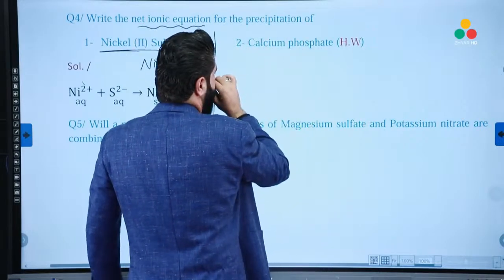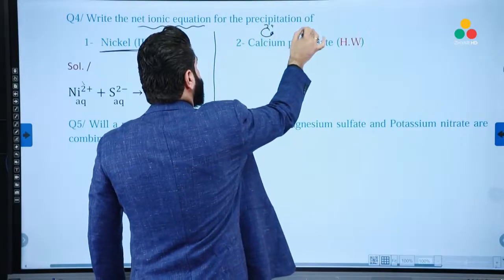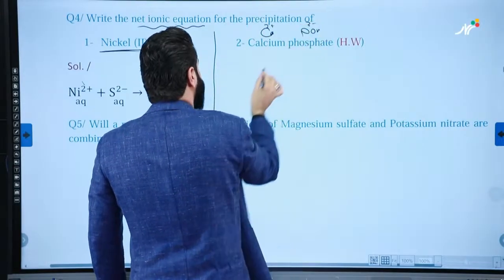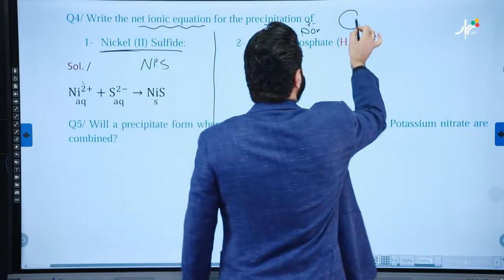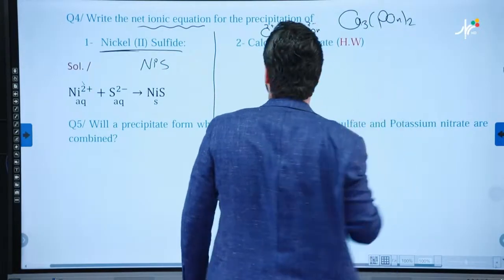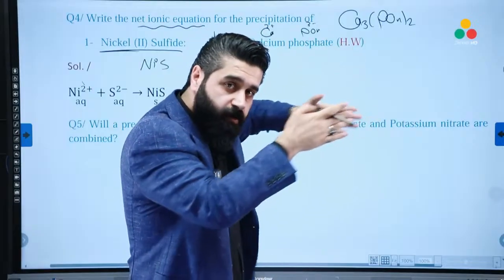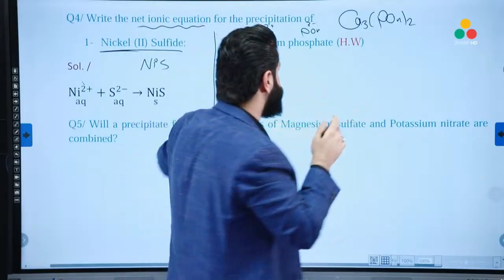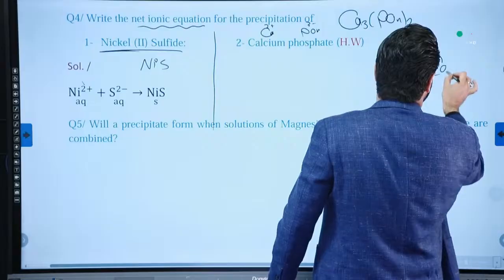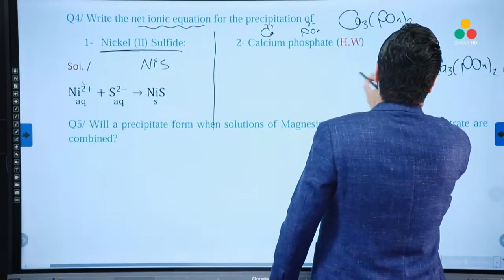I'm going to do this one. Calcium phosphate. How to write the formula of calcium phosphate? Ca plus 2, phosphate is PO4 negative 3. So the compound is Ca3(PO4)2. How to write the net ionic equation for this? Bring the compound to the product side: Ca3(PO4)2, solid.